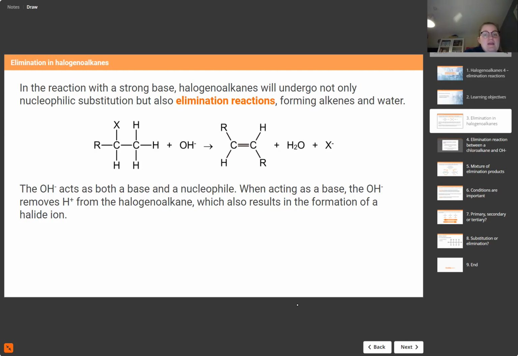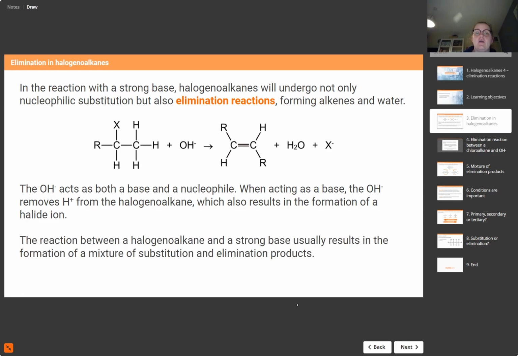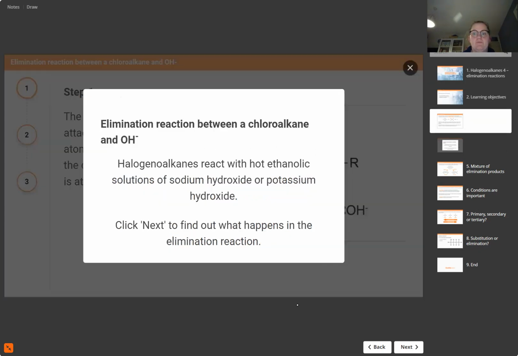When it acts as a base, the hydroxide ion removes a hydrogen ion from the halogenoalkane, which also results in the formation of a halide ion. The reaction between a halogenoalkane and a strong base usually results in the formation of a mixture of substitution and elimination products.